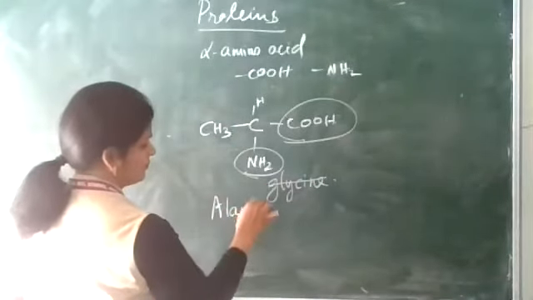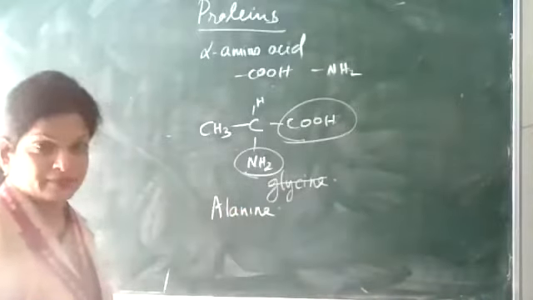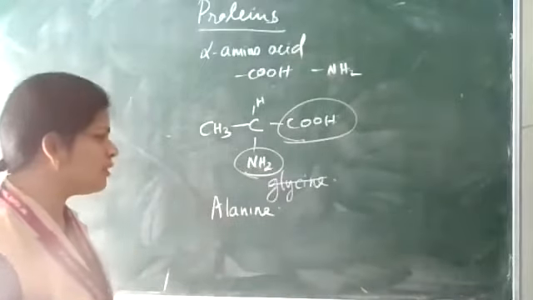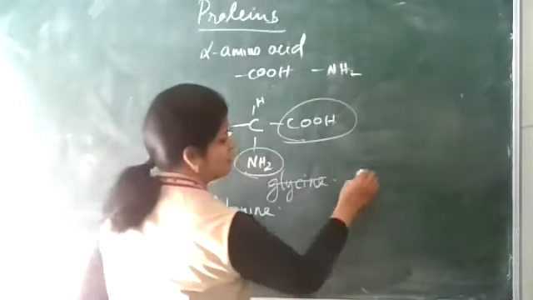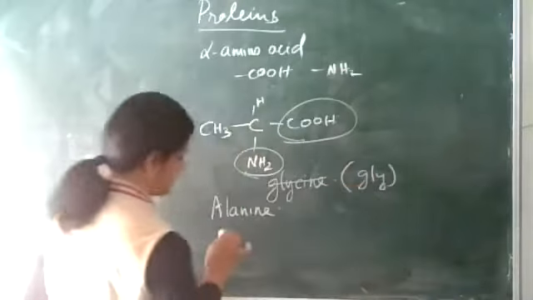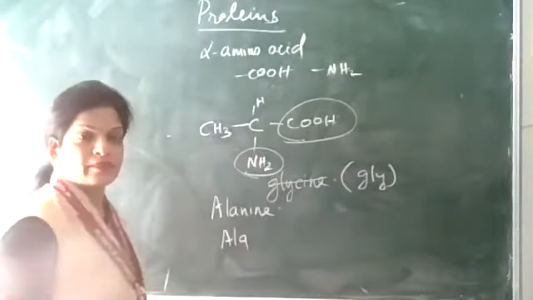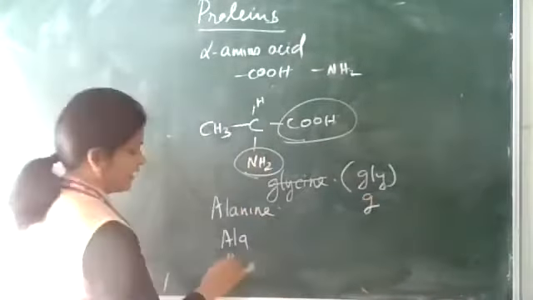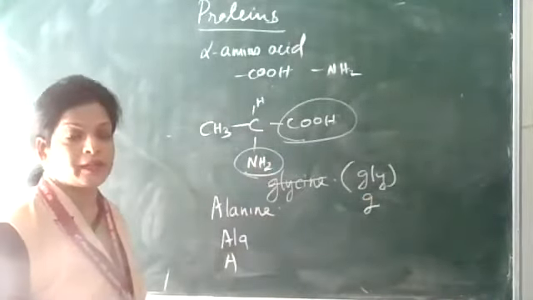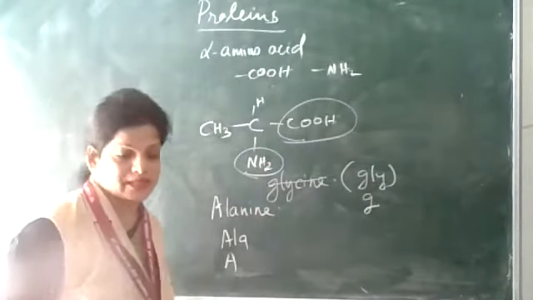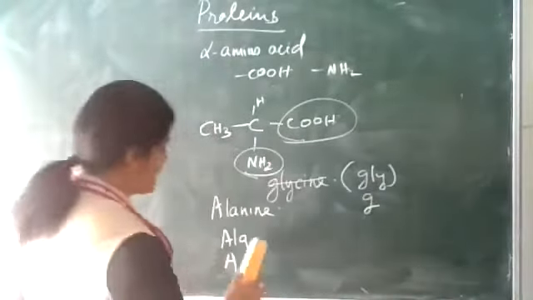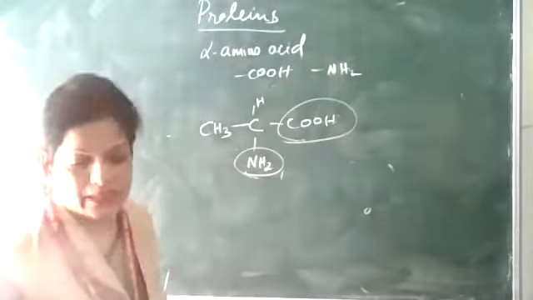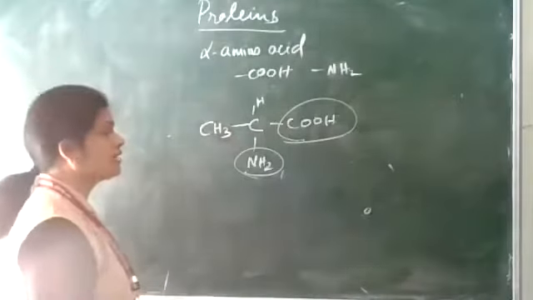An amino acid can be represented by a three-letter word like GLY or ALA, or a single letter, that is G or A. Simple. Now, this is alanine, where I replaced one H from glycine.